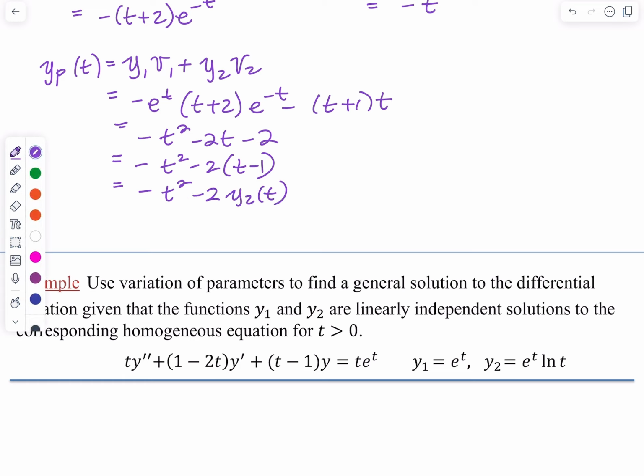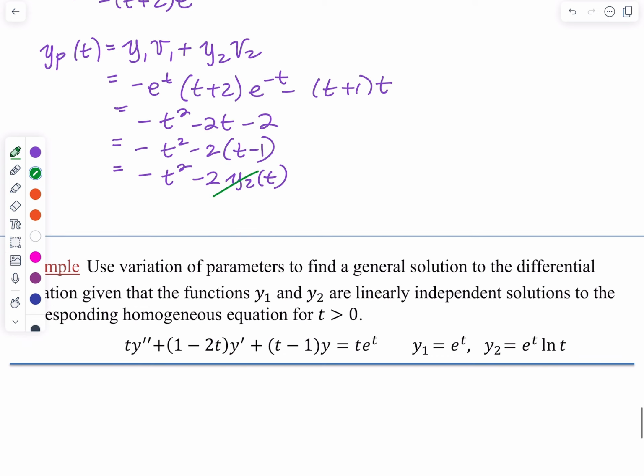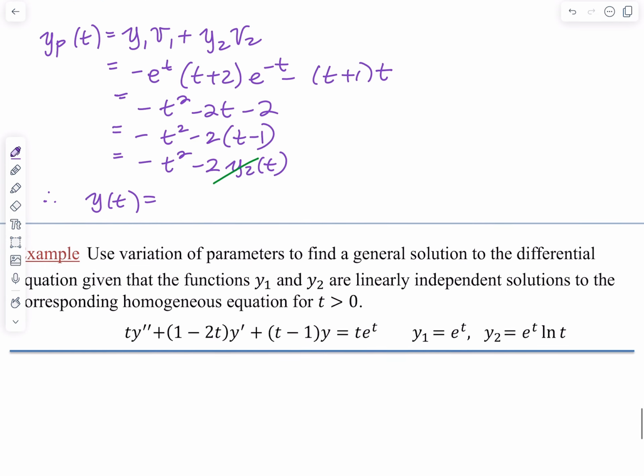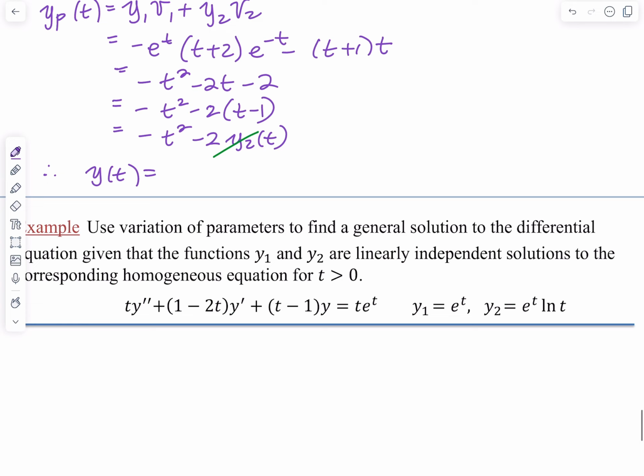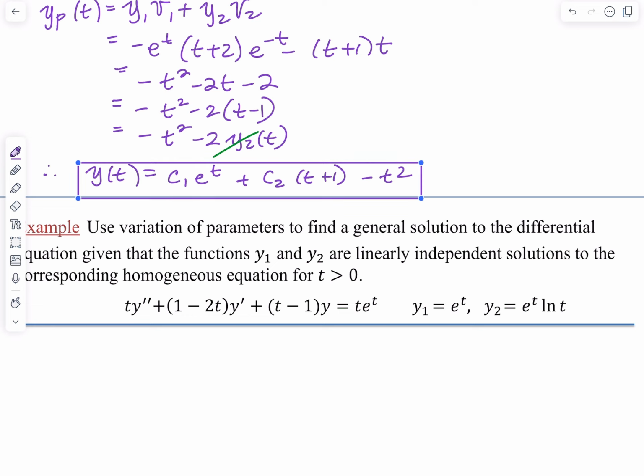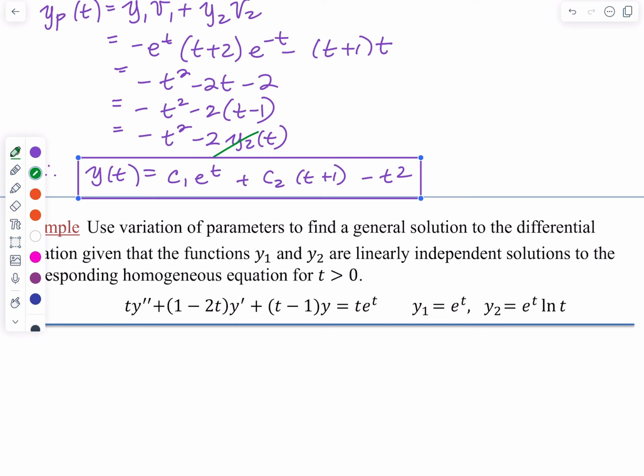So by superposition, we will omit this and just go ahead and come up with our general solution that already included y2 of t, a combination of it: c1 e to the t plus c2 t plus 1 minus t squared. There is our particular solution. We'll go ahead and write.